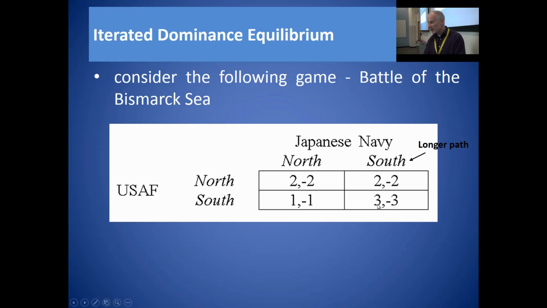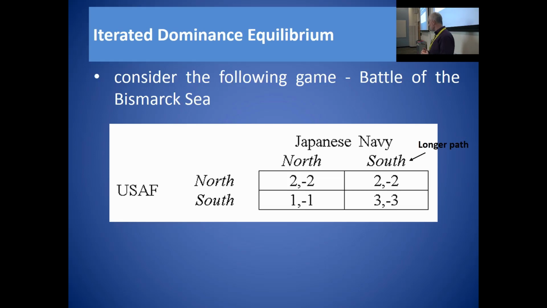So if that's the most preferred outcome for the US Air Force, it must be the least preferred outcome for the Japanese Navy. If this here, south-north, is the least preferred outcome for the US Air Force, it's the least negative number, so it must be the most preferred outcome for the Japanese Navy. So that is the game that we've set up.